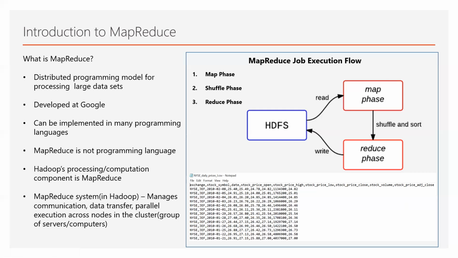There will be a map method where you write your logic, and that logic will be run on the map phase. Similarly, there will be a reduce method where you write some code that will run on the reduce phase. In the shuffle phase, the framework does the shuffle and sort, so we don't write any code for that.